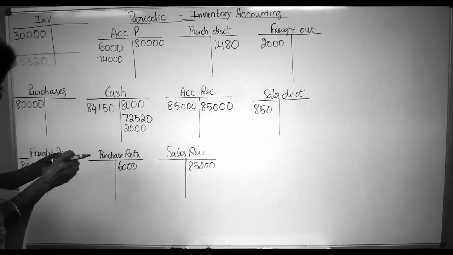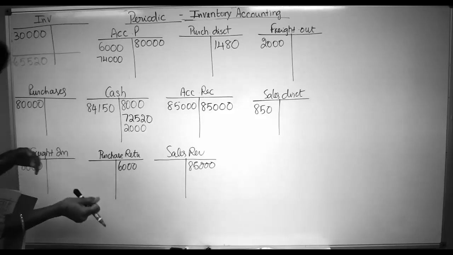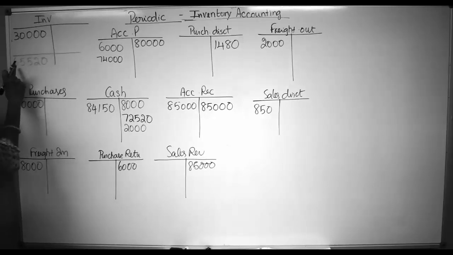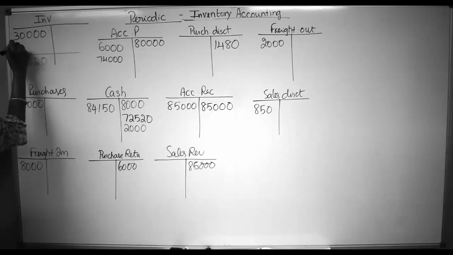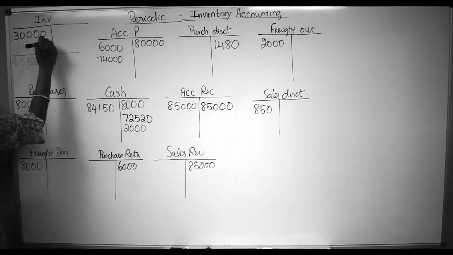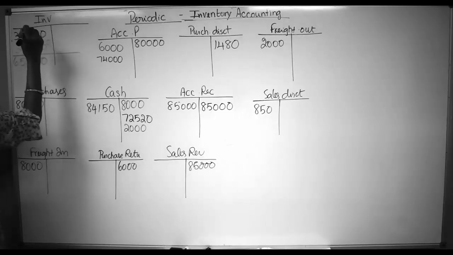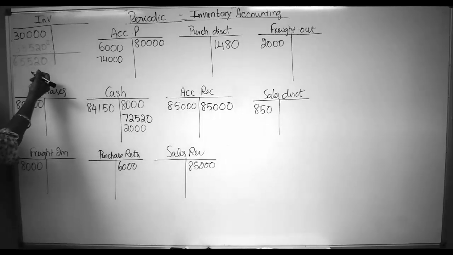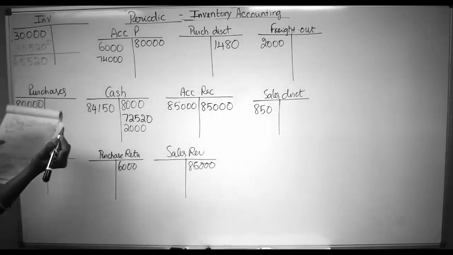To bring this $30,000 to $65,520, we have to debit the inventory by $35,520. This is the first entry to close certain accounts, update the inventory and record the cost of goods sold.